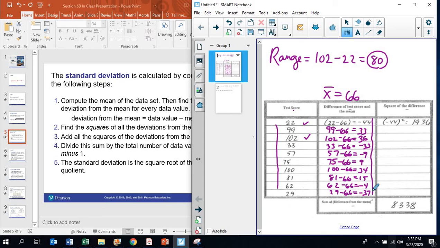I'm plugging these numbers in, adding them up, and subtracting the negatives, and I get a total of 0.